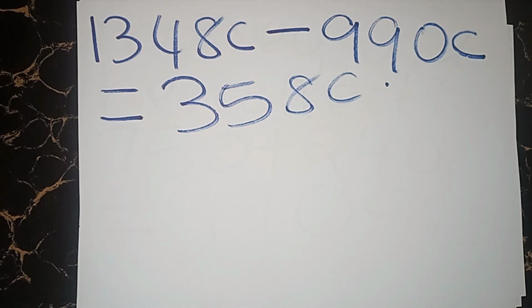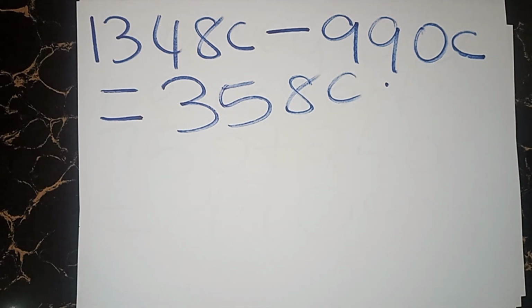Let's continue reading the question. We've been told he added 462 to the remaining stock on the third day, okay? So in order for us to know how many cabbages he had on the third day, we'll add the number of cabbages he was left with by the end of the second day.